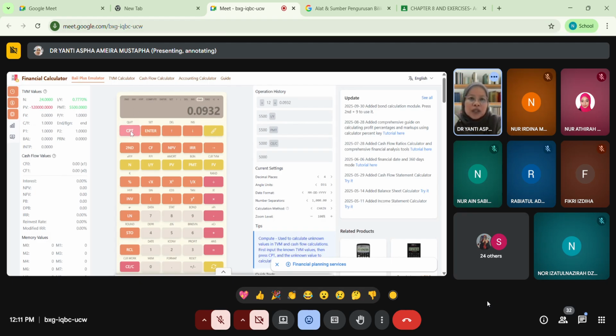Okay, now we can proceed to calculate the effective annual rate. Clear TVM, everything. What you need to do here is slightly different. We don't use PV. Do you see below, above the number 2, there is ICONV, convert. So you pick second, ICONV. NOM will appear, the nominal rate.